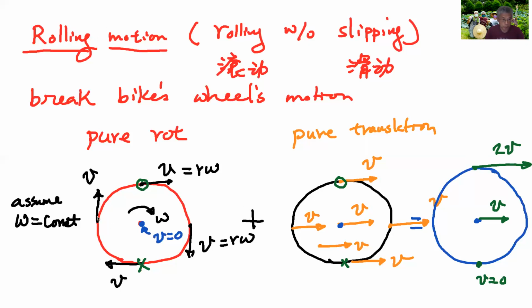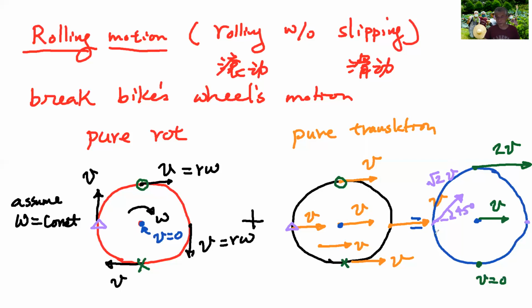Okay, 2V. All right. And change color a little bit, so make it a little bit more interesting. So in this one, pure rotation at this point, I'm going to make that one a triangle. So this one goes up, but this one goes to the right. So we're going to have something that goes at 45 degrees, and this one here will be square root 2 V. It's going that way, and in this situation this is 45 degrees.